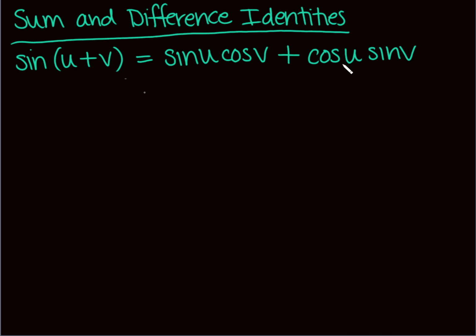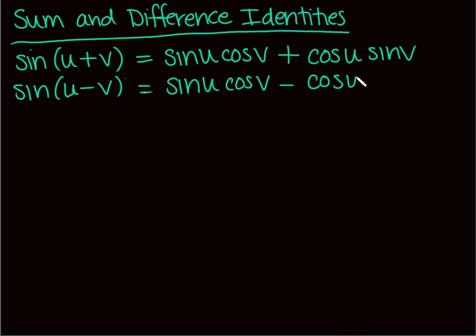And because multiplication is commutative, you could have done sine of v, sine of u. So sine of u minus v: it's still sine of the first, cosine of the second, but then it takes the same sign, and then you do cosine of the first, sine of the second.